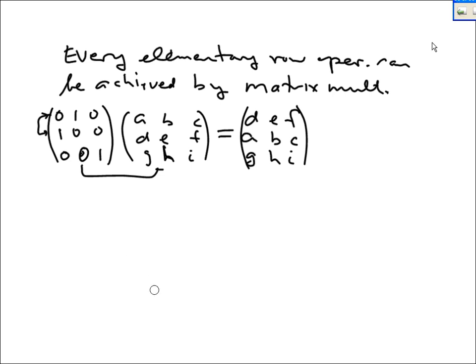Now, what if you want to multiply a row by some non-zero number? That was another elementary row operation, being able to multiply a row by any number you want. So I'll put down a 3 by 3 matrix, the same one, A, B, C, D, E, F, G, H, I. And I'll show that you can multiply row 2 by 7.